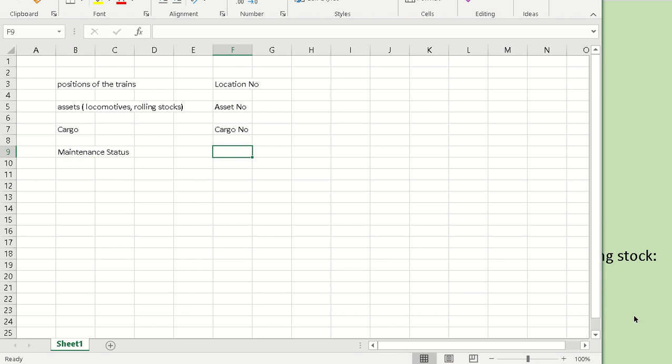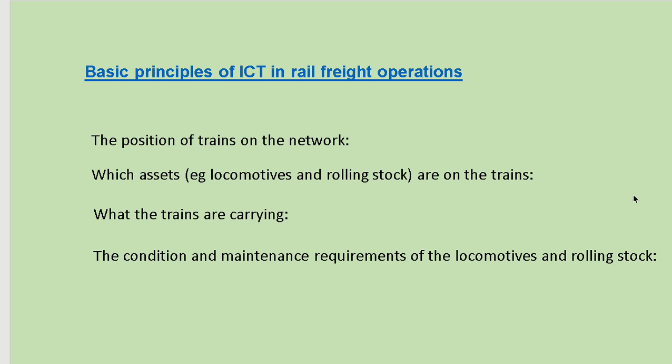So sometimes we have a maintenance work order number. So these are four very important numbers that have something to do with the way we manage our train.